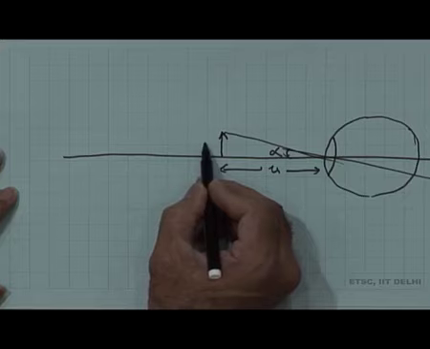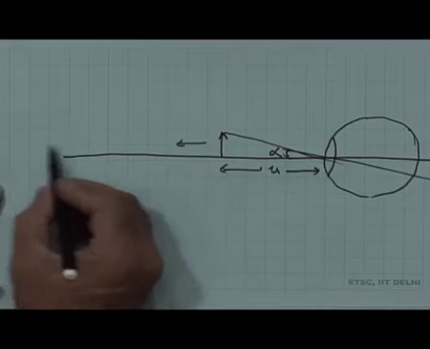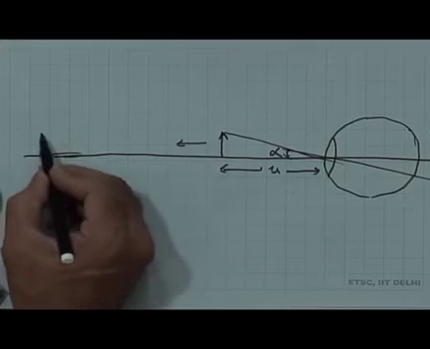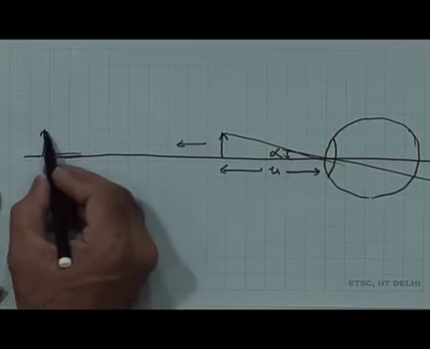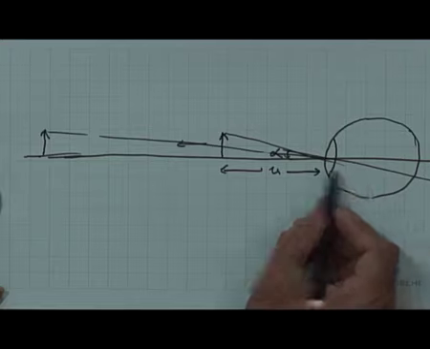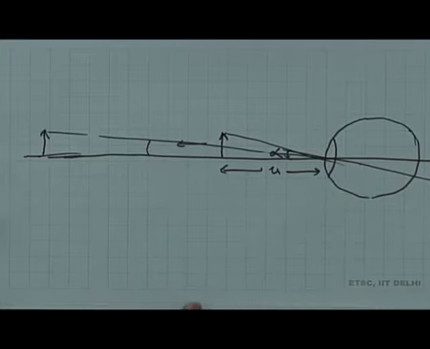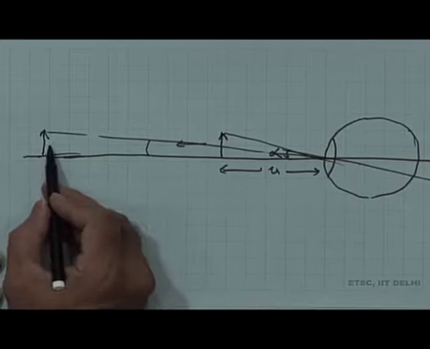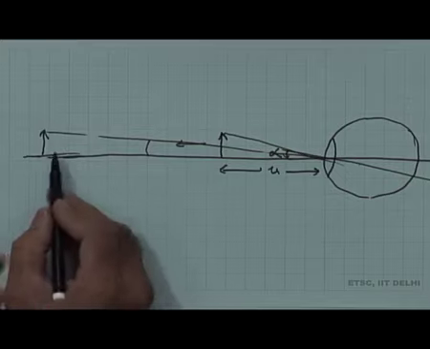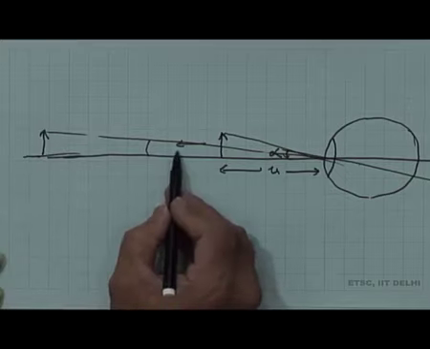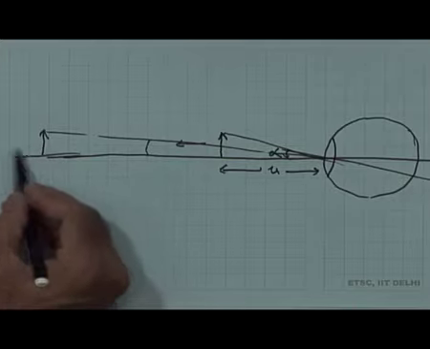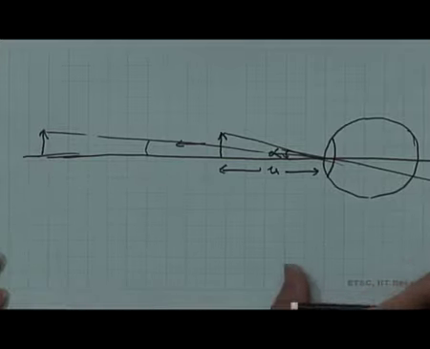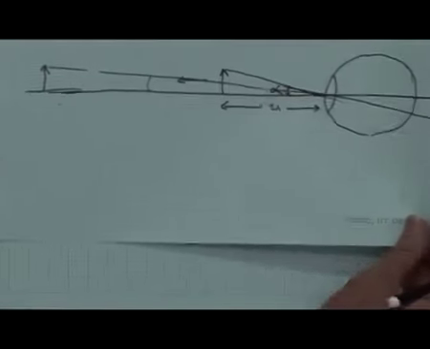The same object, if it moves away, with the same height, will subtend an angle which is smaller than alpha. And if the object is at a very large distance, then the angle subtended is very small. In other words, the object is almost like at infinity.